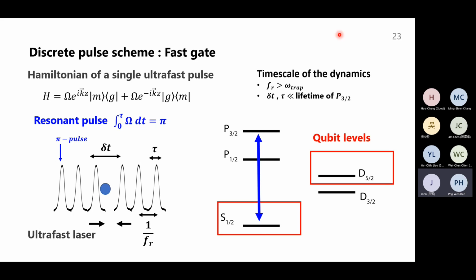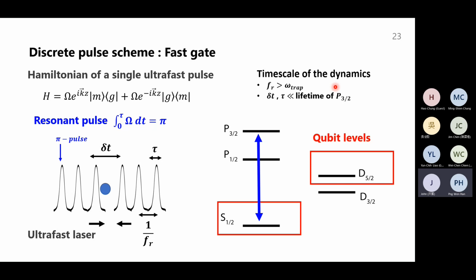And there are timescales that we need to consider in this theory. So we need the laser repetition rate to be larger than the trap frequencies, so that you could think of the ion as oscillating, but this oscillation is slow enough relative to the laser repetition rate.